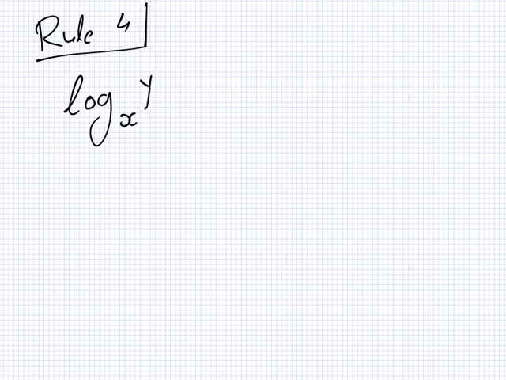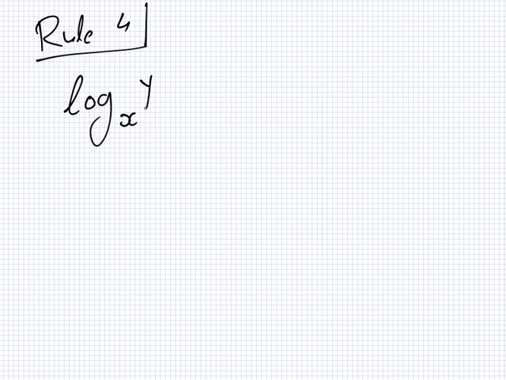Rule 4. Which one will I do now? I think I'll do the swappy one. I should actually say, of course, different books will give a different number of rules and maybe write them slightly differently. The only reason I'm writing the rules like this is because I think these rules are in the formula book.